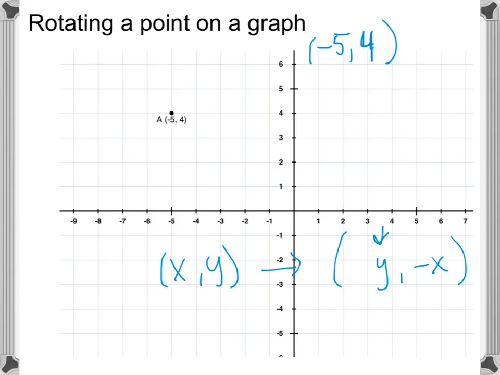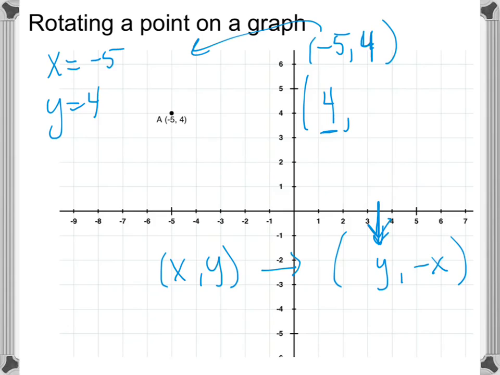Okay, so if I wanted to rotate 270 degrees, I would take negative 5, 4, and I would flip them around. I'd have 4, and I would take the opposite of my x-coordinate. So in this case, it might be easier to break it down. My x-coordinate is negative 5. My y-coordinate is 4. Okay, so a 270-degree rotation keeps your y-coordinate, but it places it in the first position, right here, the value of your y-coordinate.